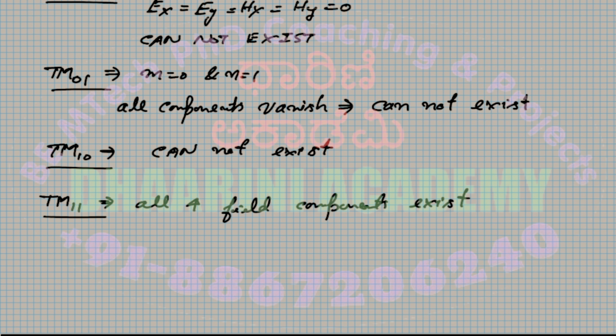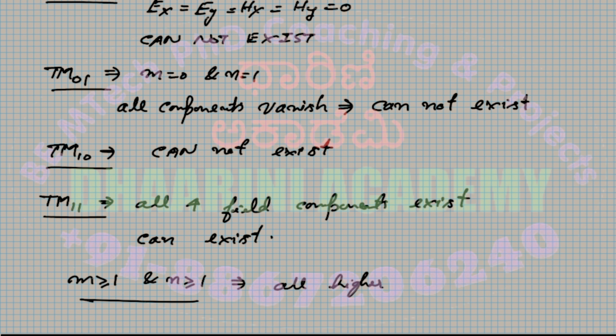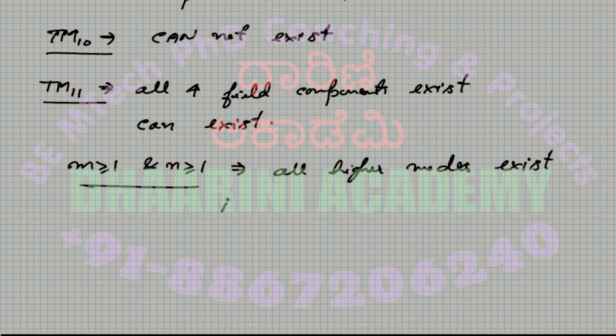So for m greater than or equal to 1 and n greater than or equal to 1, all higher modes exist inside a rectangular waveguide.